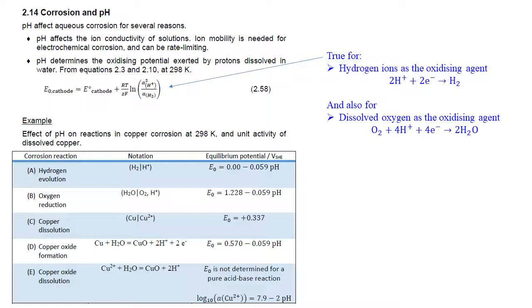In both of those cases, the Nernst equation for the cathode equilibrium potential tells us that because there are hydrogen ions on the left-hand side of those processes, the equilibrium potential exerted by those oxidizing agents is higher when there is a high hydrogen ion concentration. So that should make sense.